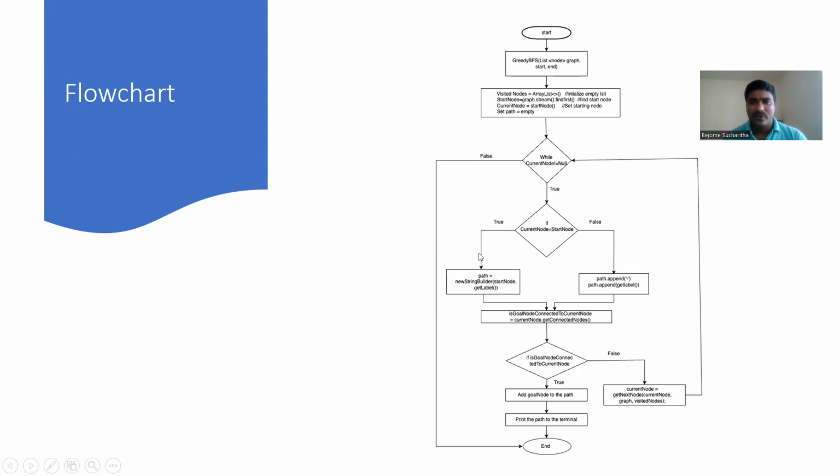Then if it is true, it will go to the path new string, and if it is false, it will go to another node. Then it will go to the goal node. If it is true, add the goal node to the path and print the path to the terminal. Then we will get the output of the greedy best first search.